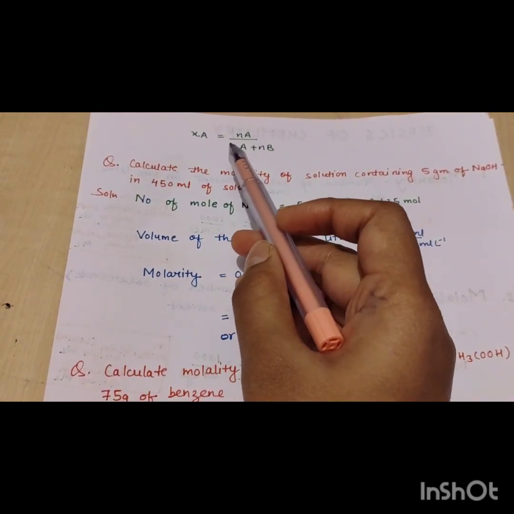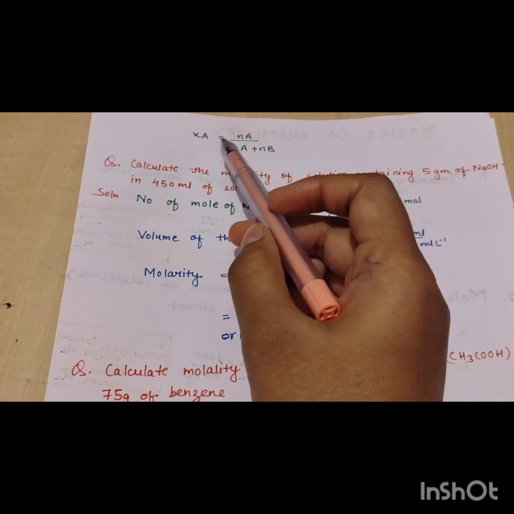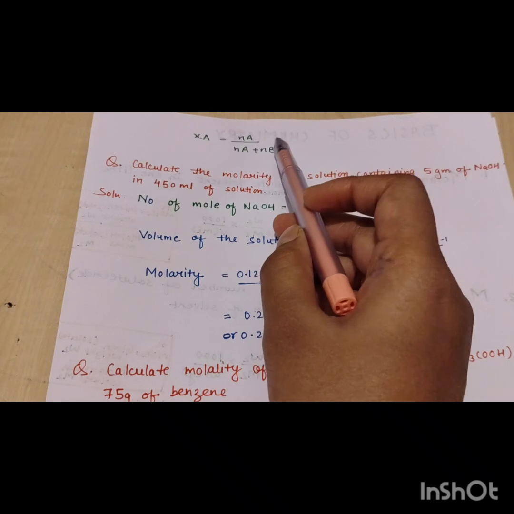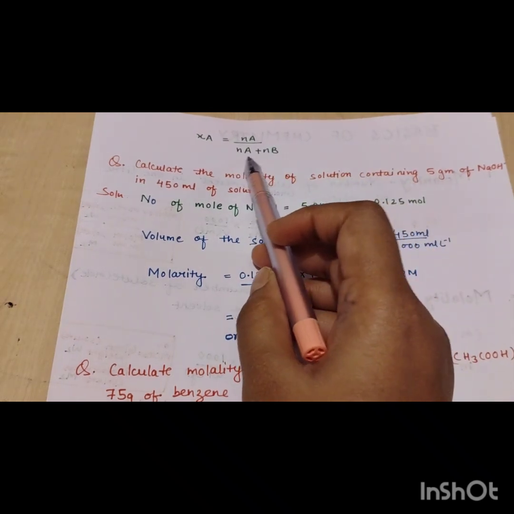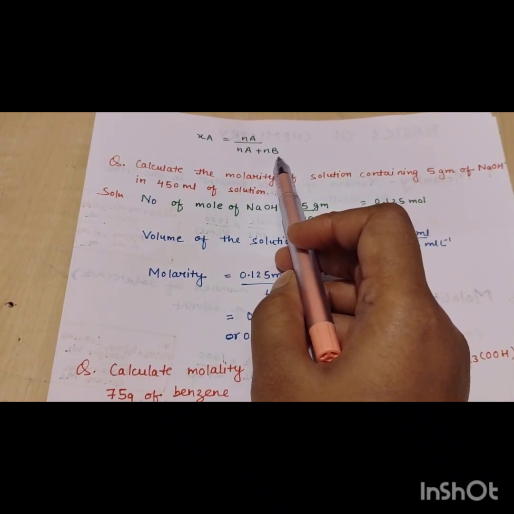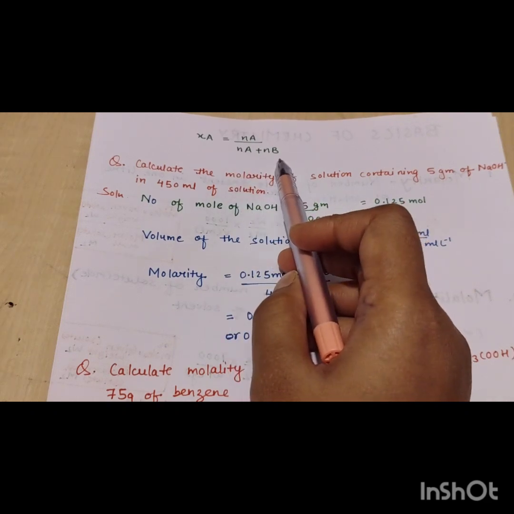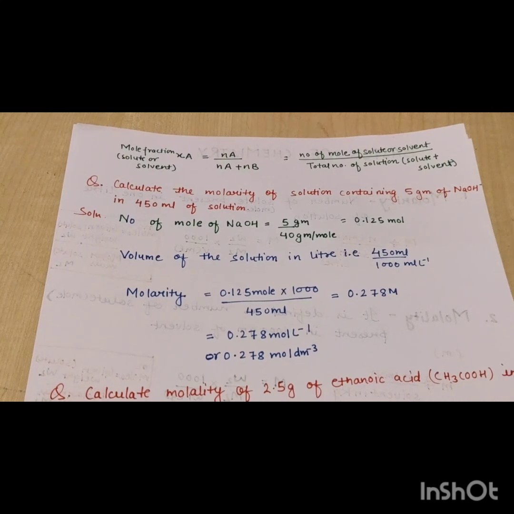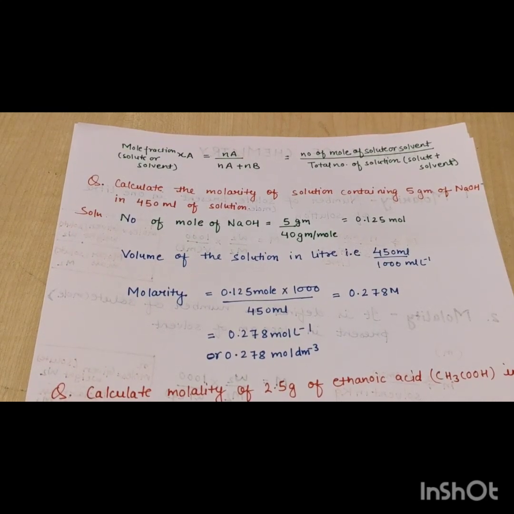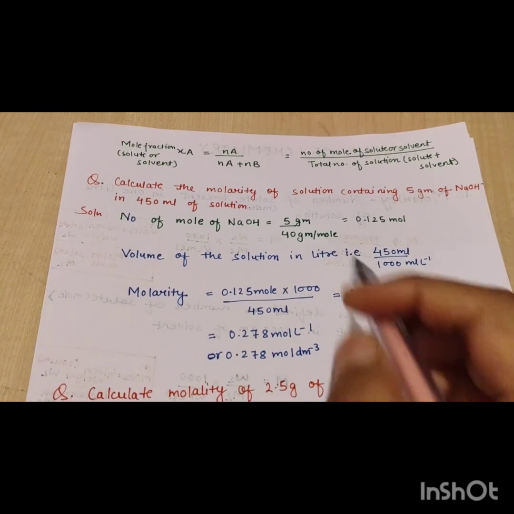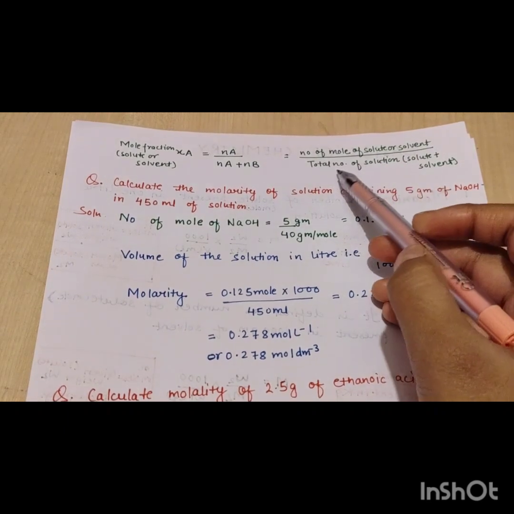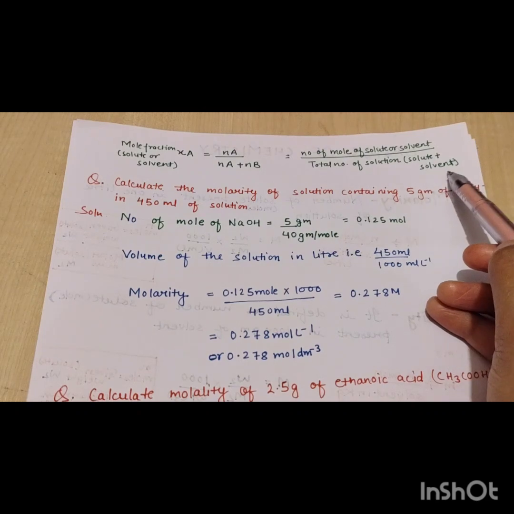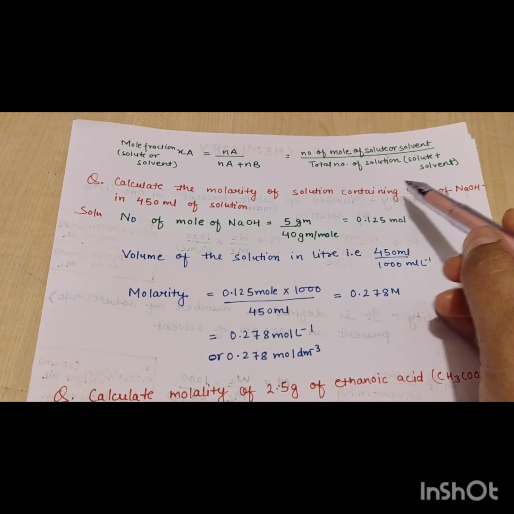XA is the mole fraction of solute or solvent, and Na is the number of moles of solute or solvent, divided by the number of moles of solution, that is solute plus solvent. Now moving toward the next question.